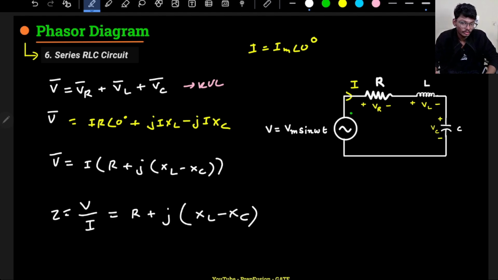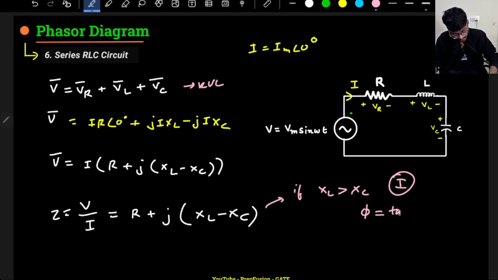Now I cannot conclusively say in which quadrant it will lie. If XL is greater than XC, then it will lie in the first quadrant. Then my phi, that is the impedance angle and the power factor angle, will be tan inverse of the absolute value of XL minus XC divided by R.